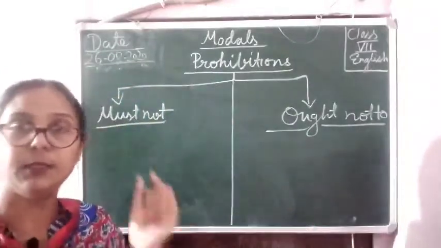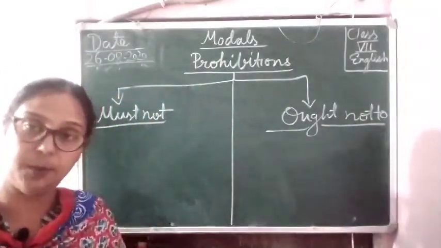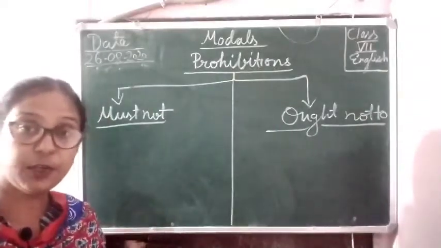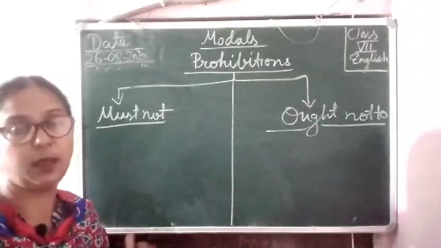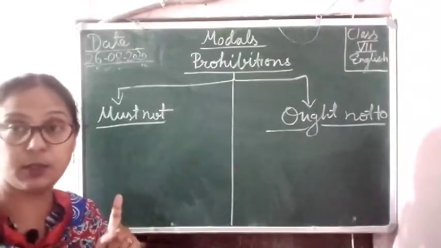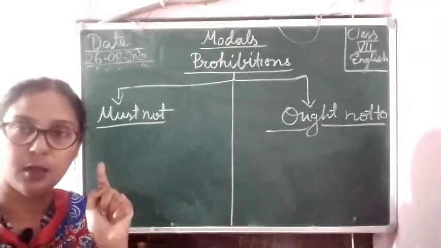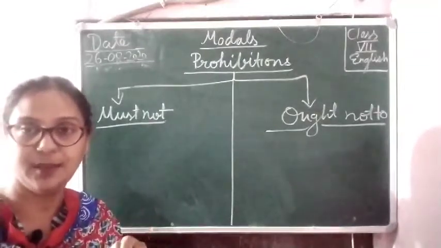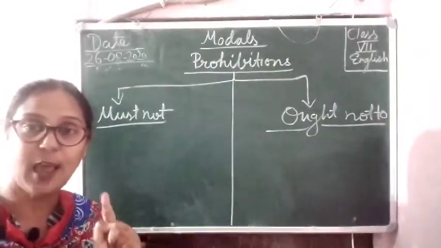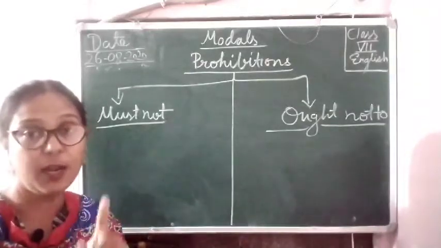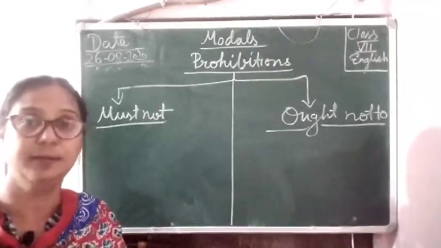Must not, it is giving you the sense that it's having a compulsion, a compulsion to not do this thing. You must not do this thing. You must not tear this page. So it is having a restriction that you are not supposed to do this.